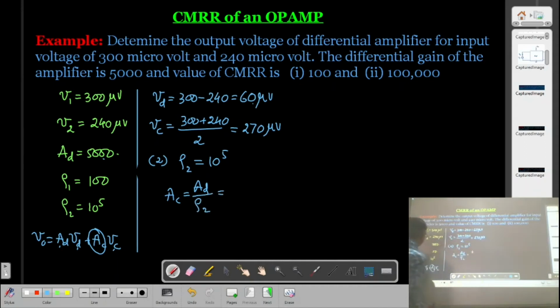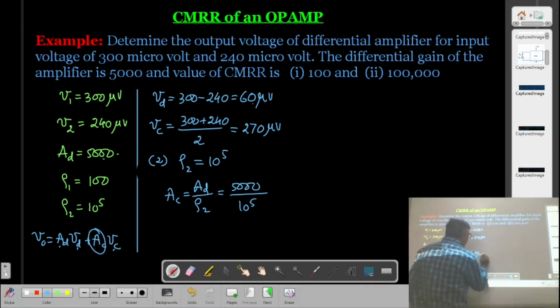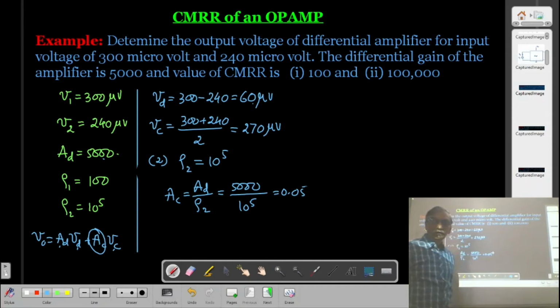AD is 5000 divided by 10⁵. 5000 divided by 10⁵ will come out to be 0.05. You can see the common mode gain is very small when the CMRR is very large.